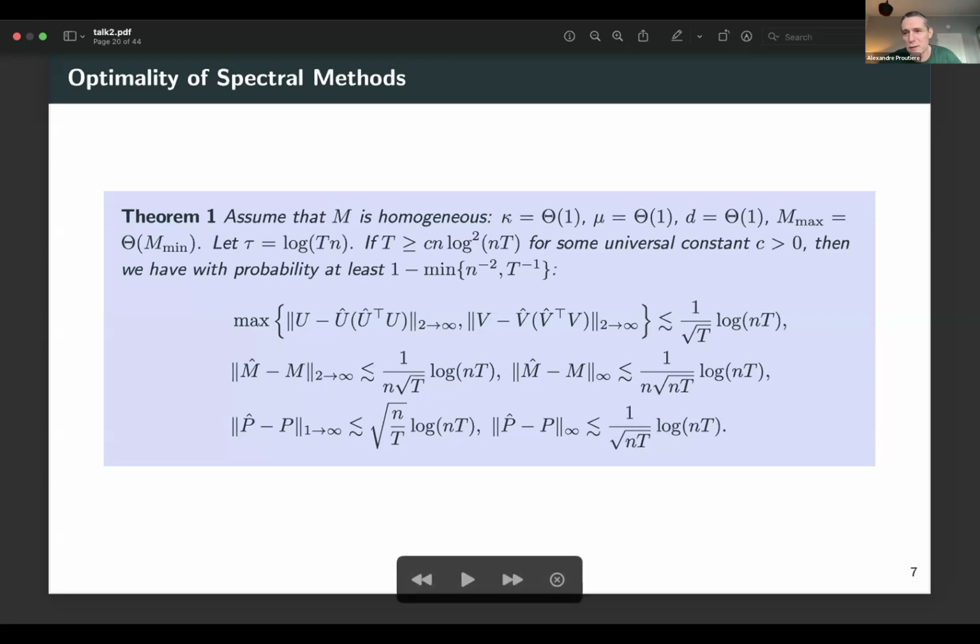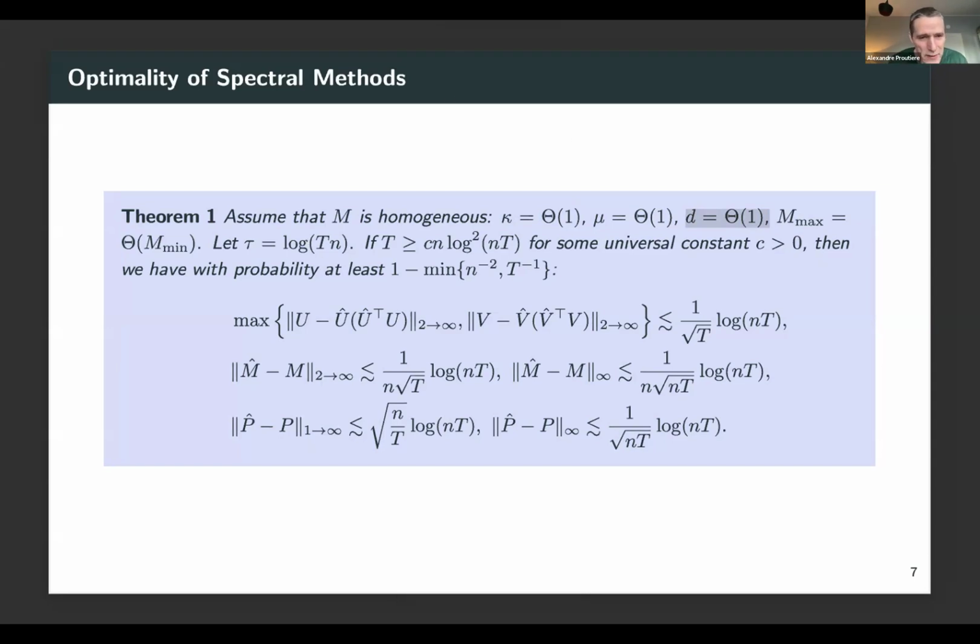So if I read a little bit of the theorem here, we assume that the matrix M is homogeneous in the sense that the condition number is not scaling with N. Also the incoherence of the matrix is controlled. The rank is also not scaling with N. Sorry, that was the initial assumption. And then we also assume that essentially the entries of the matrix are kind of comparable.